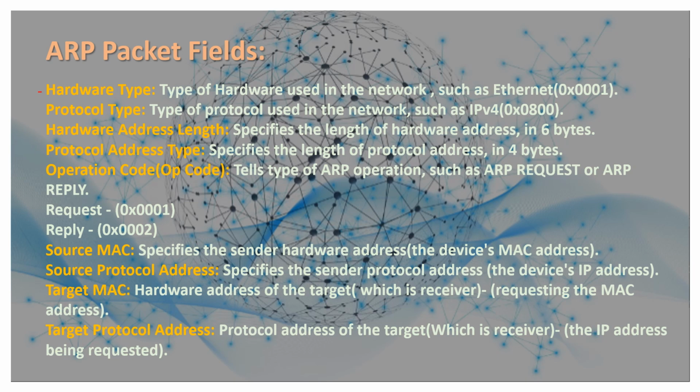As we know, it's the hardware type. If it is Ethernet, this is the value for Ethernet: 0x0001. For protocol type, if it is IPv4, it's 0x0800. Hardware address length, which is the MAC address: as we know it's a 48-bit address, which in bytes is 6 bytes.